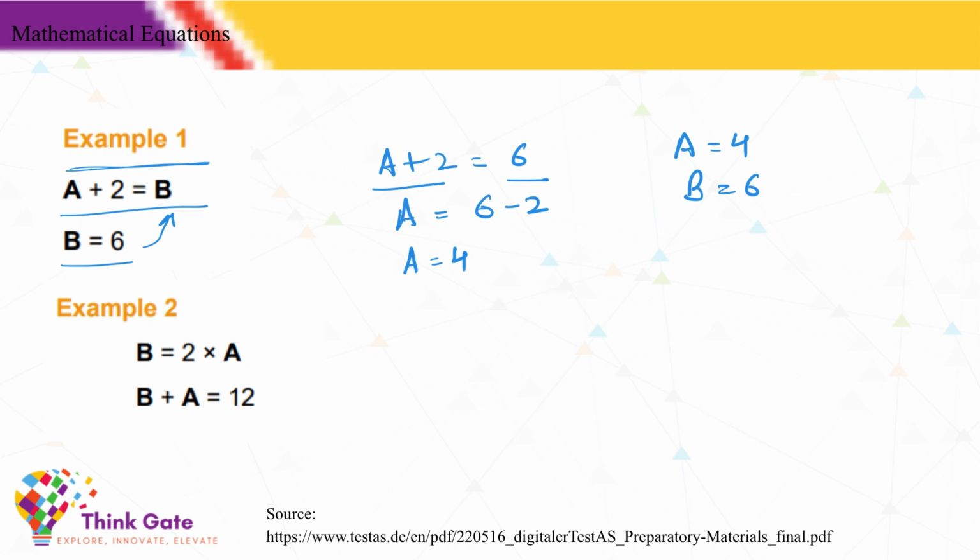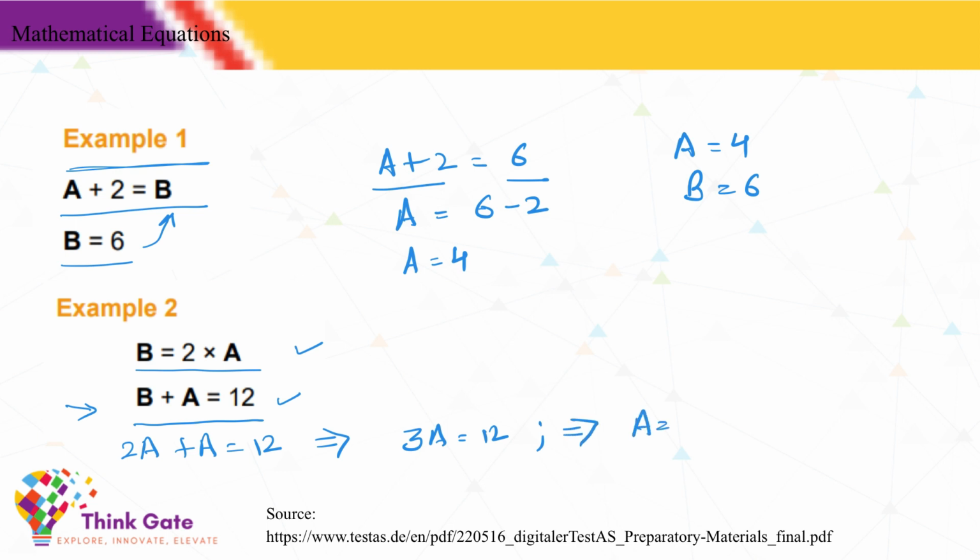Now in the second example, we are given two equations, b is equal to 2a and b plus a is 12. In this second equation, we will put b is equal to 2a. So it becomes 2a plus a is equal to 12. In the next step, it becomes 3a is equal to 12, and the value of a is 12 upon 3, which is 4.